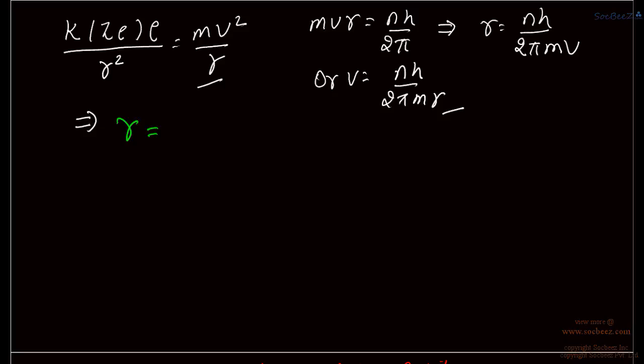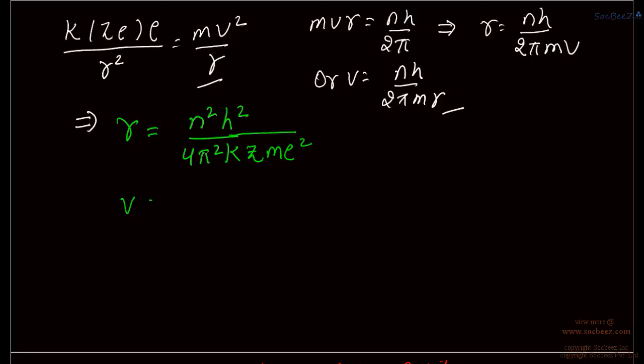The radius of a hydrogen-like species is n square h square upon 4 pi square k z m e square. So this is the formula for the radius of an electron.